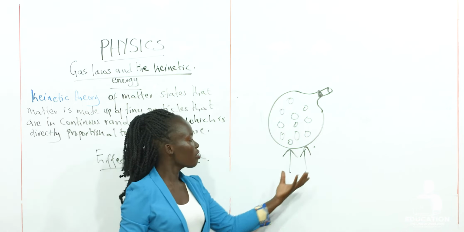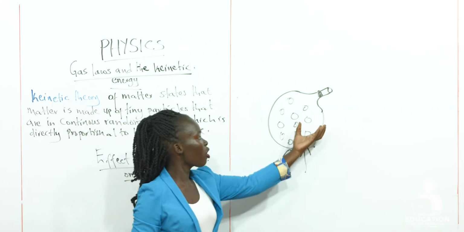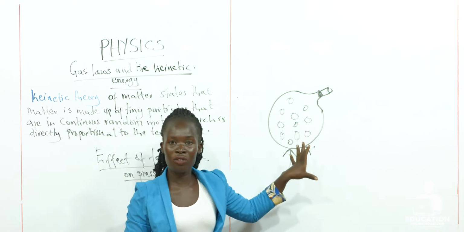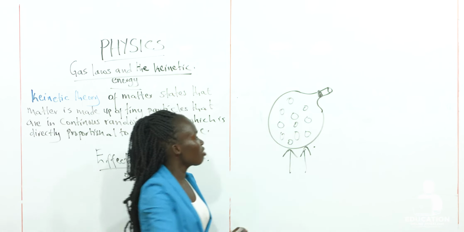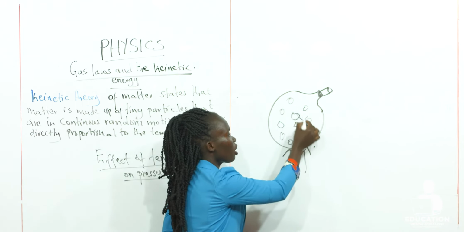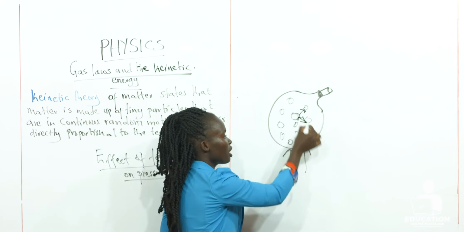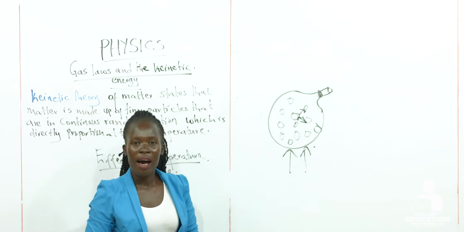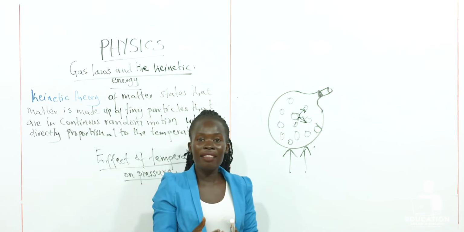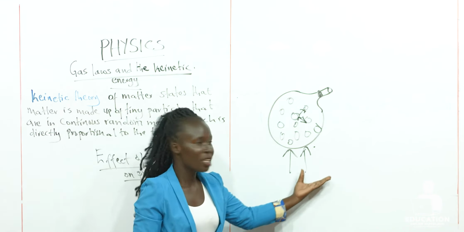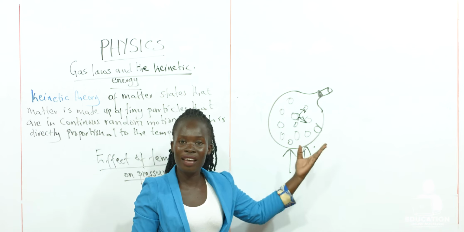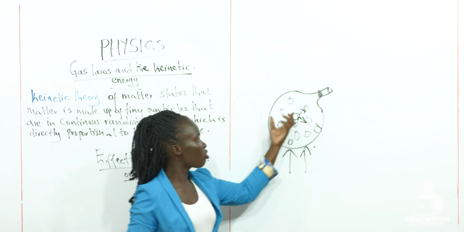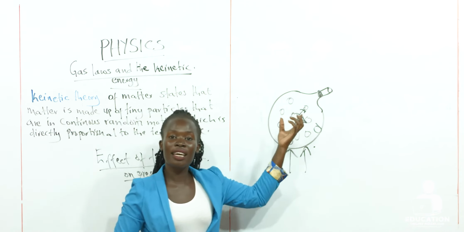But as you increase this temperature, remember, your balloon has a fixed volume. So these molecules will keep on moving and colliding with each other and with the wall of the balloon. The more the temperature increases, when the sun keeps on heating up, it causes the kinetic energy of these molecules to increase.